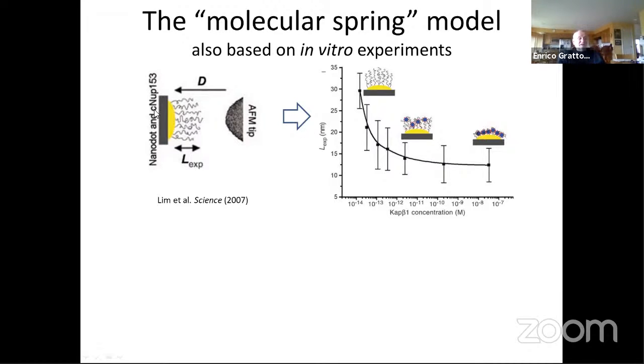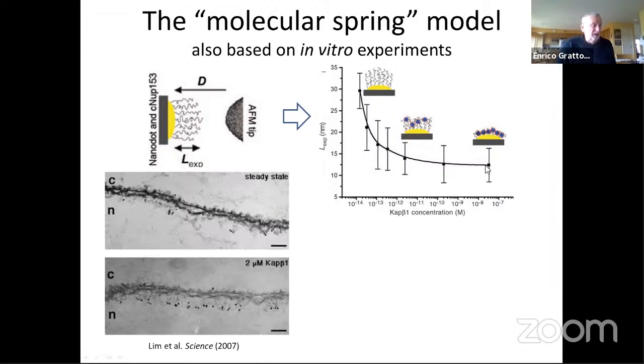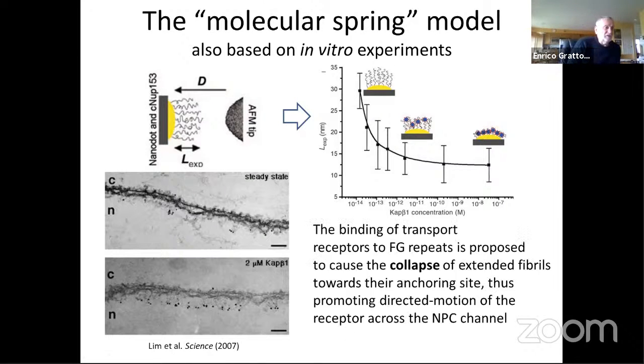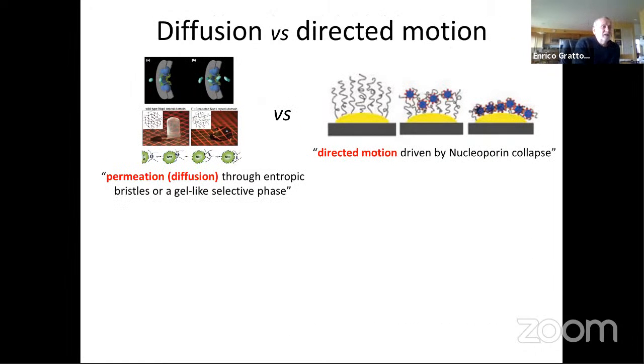But remember that the only thing you have done is simply decrease the size of those molecules. Still, in order to go from one part to the other, you need diffusion. And the question is, is diffusion versus direct motion proven or not? The answer is absolutely not, because if you don't measure the time, you will never be able to figure out if it's diffusion or an active model.